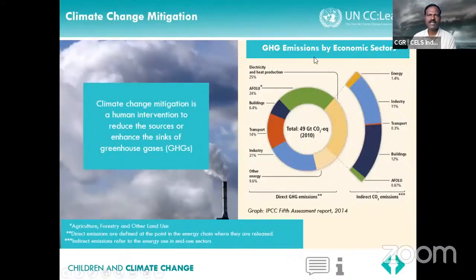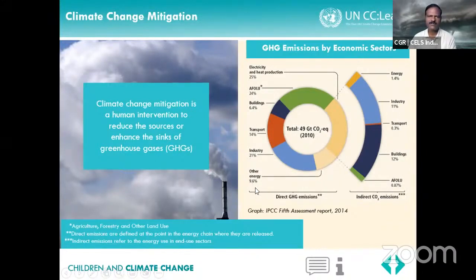So this greenhouse gas emission is a very big factor, and even if you see from which factor it is being contributed, energy and industry you can put together because mostly energy and industry both are related. So it's a very big area. Then transportation, then buildings sectors. So all these sectors are contributing greenhouse gases.